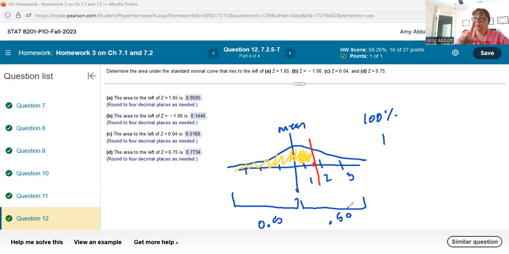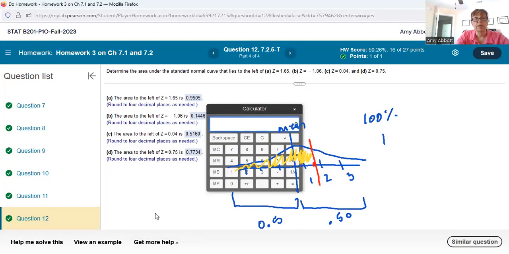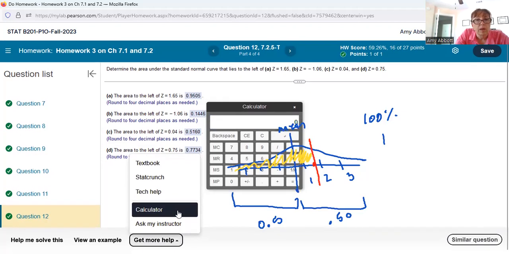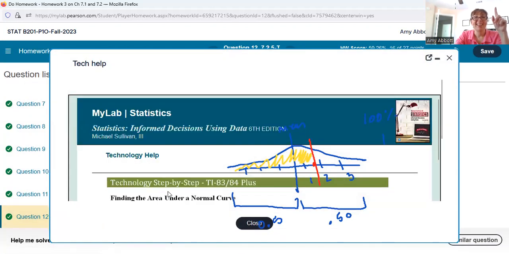All right. And then something else I want to point out before I open the calculator back up is this one I know is helpful. If you go down here to get help, tech help. Maybe we should have done that on the last screen.